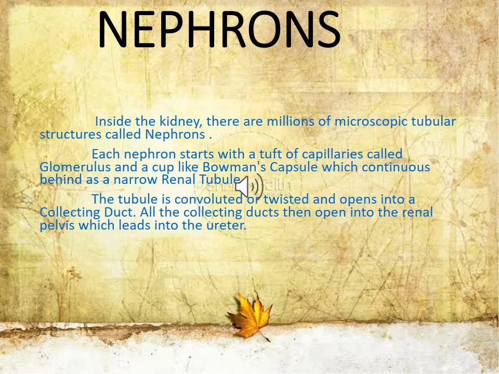Blood which enters the kidney through the renal artery contains unwanted waste substances which get filtered within this glomerulus. Now the renal tubule is convoluted or twisted and opens into a collecting duct. All the collecting ducts then open into the renal pelvis, which leads to the ureter.